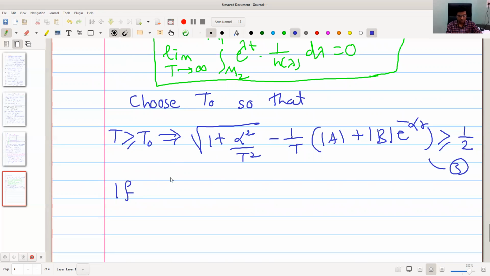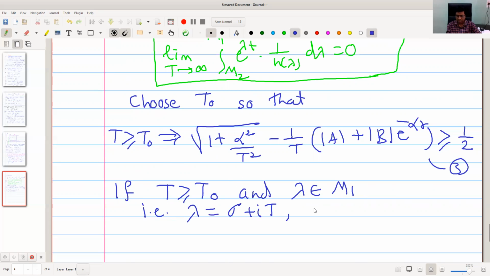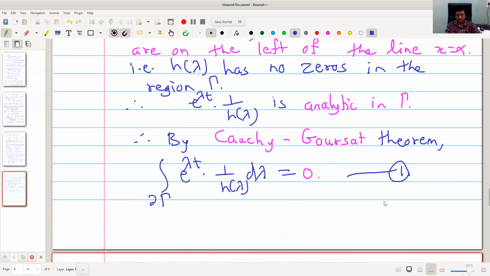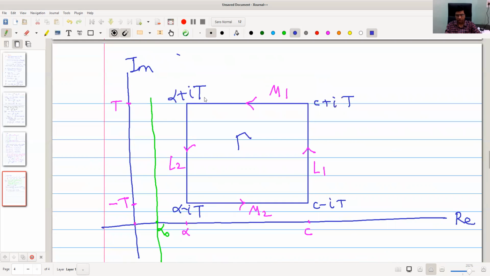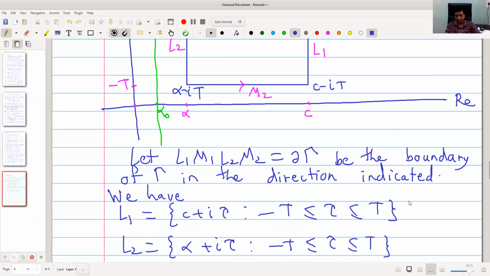If T is greater than or equal to T0 and lambda is on the line segment M1, which means lambda is of the form sigma plus iT, and sigma is between alpha and c, alpha less than or equal to sigma less than or equal to c, so this is the line segment M1.